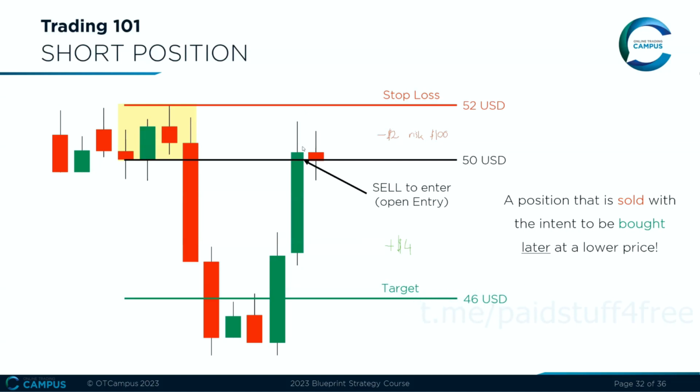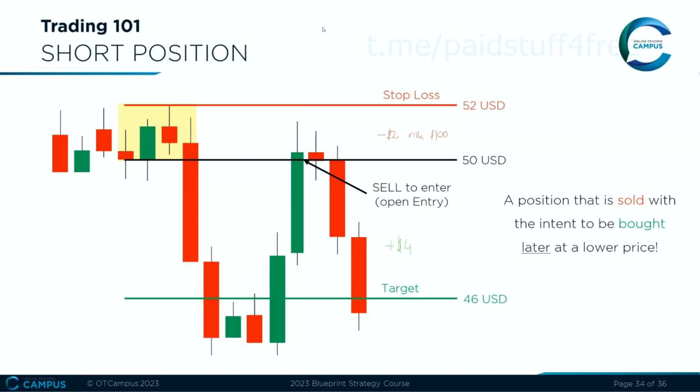So now you're filled, the trade is triggered, the order has been changed from an unfilled order to a filled order, and now you can see the price is falling, and with falling price, you're in the running profit, and as price is touching the target, you have now made $4.